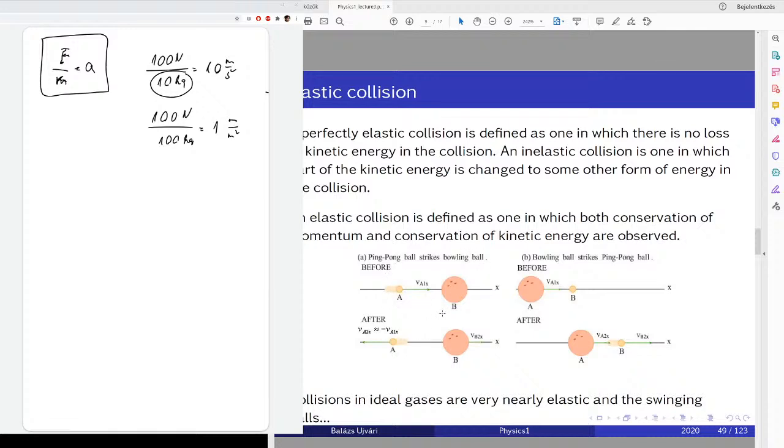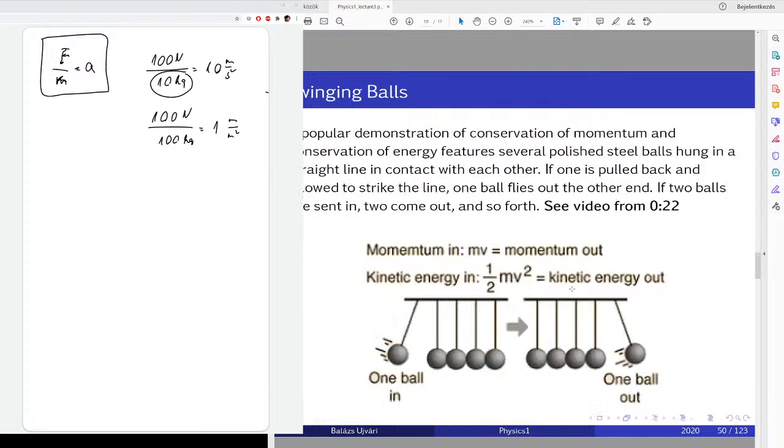The system, which is the two bodies A and B, before and after the collision, shouldn't change the sum of the momentum. And it works when I move the small ball towards the large one, or upside down, I have a moving large ball, like a bowling ball, and it hits the ping pong ball.